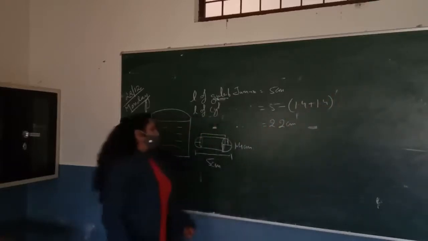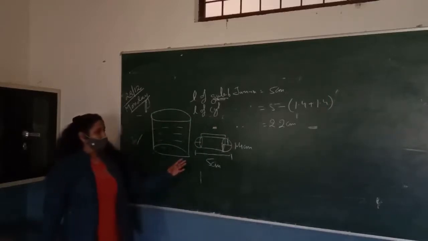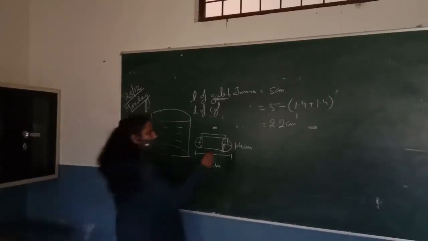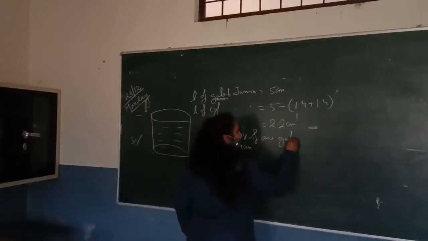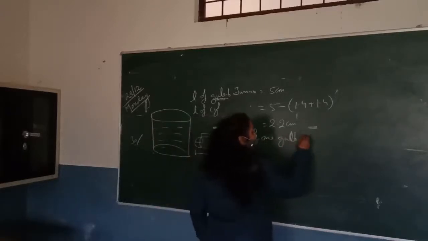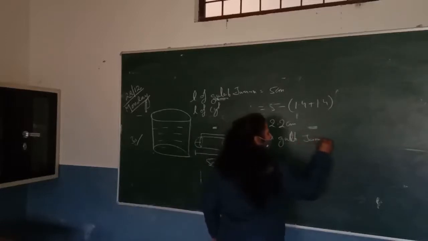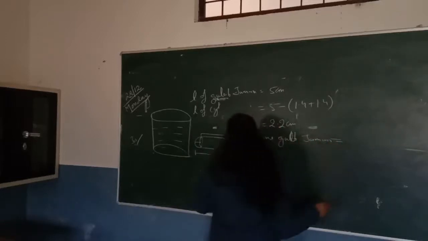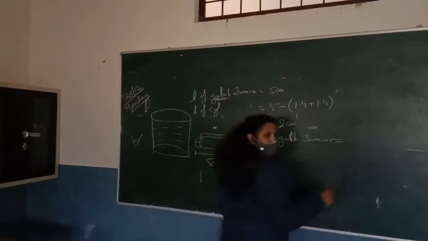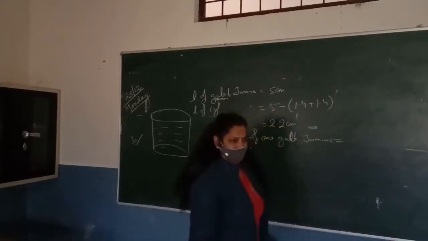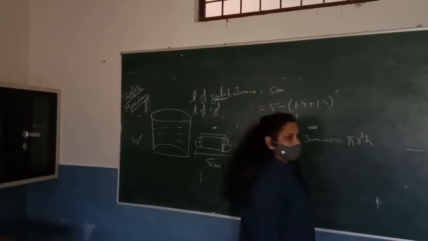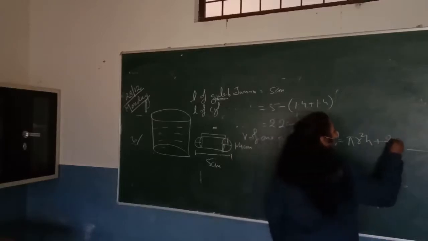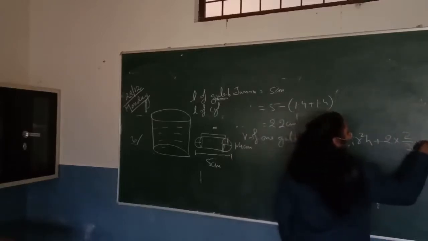Okay. So, Siddhanta, now you have to find the volume of one gulab jamun. Volume of one gulab jamun is equal to the volume of cylinder. What is the volume of cylinder, brother? Pi r square h. And of hemisphere, plus 2 into 2 by 3 pi r cube.